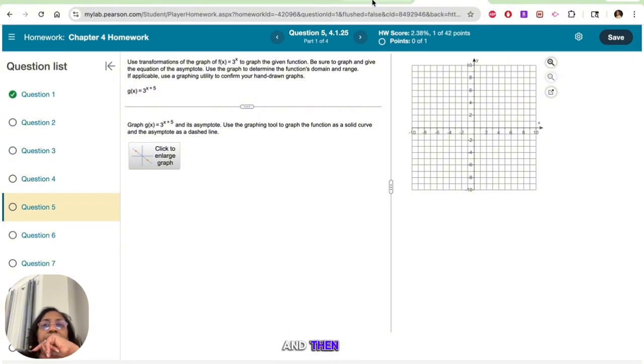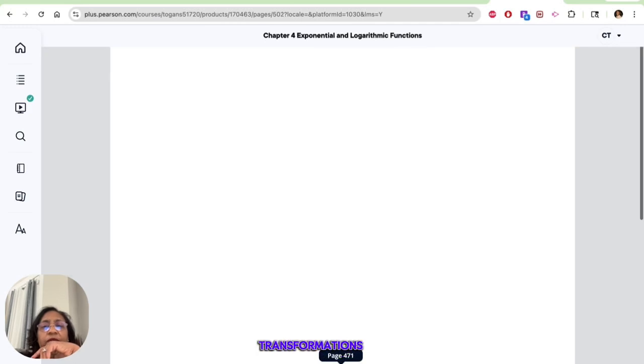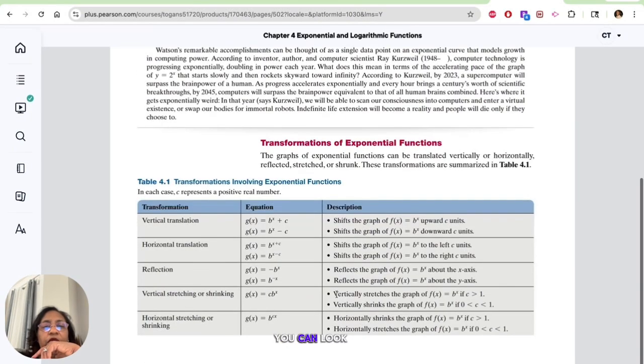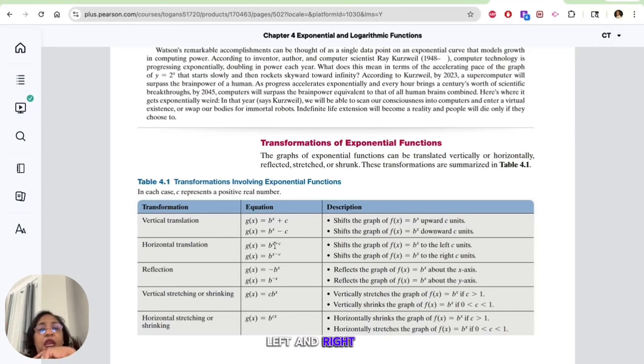And then, like these right here are the transformations. But these are the transformations. So the vertical translation is just taking the function and moving it up by however many, or moving it down. Horizontal translation, look at what it looks like. That means we're moving the graph left and right. The reflection, just flip it.